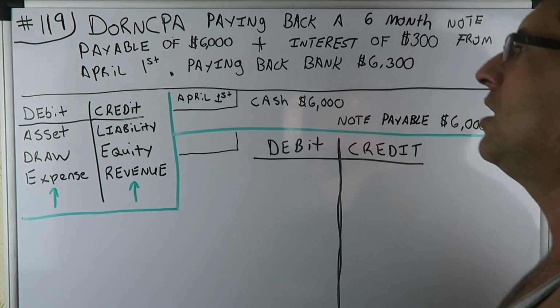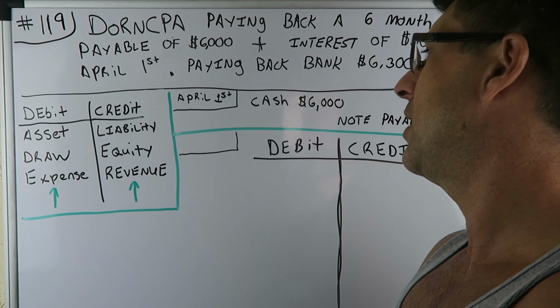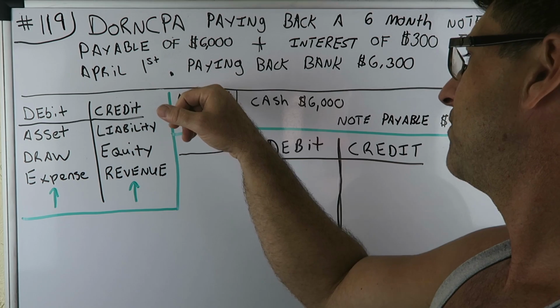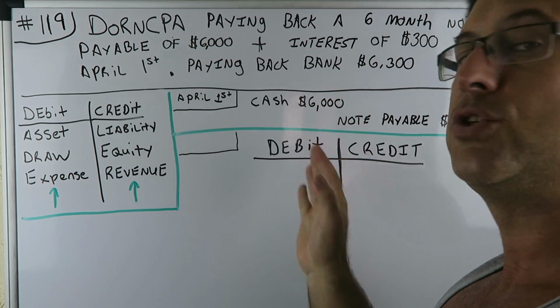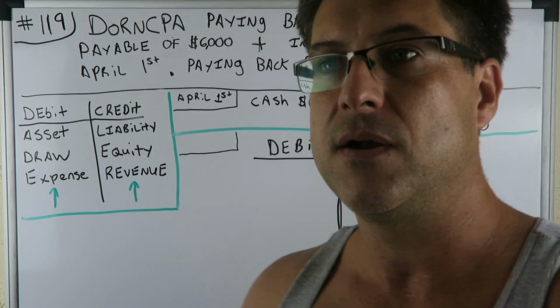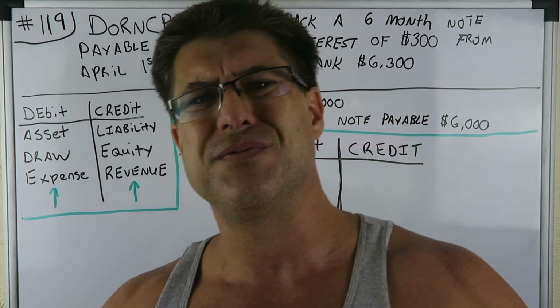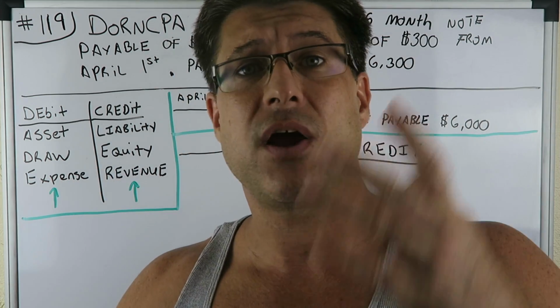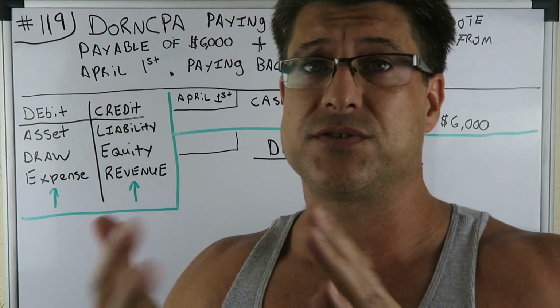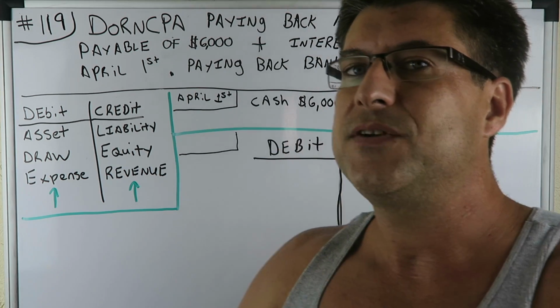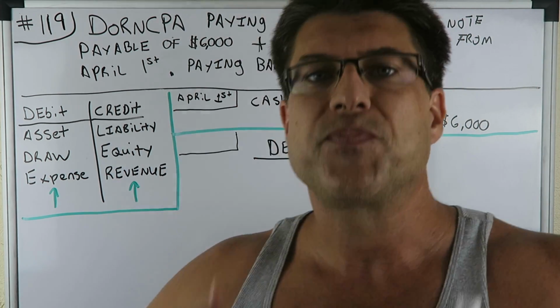Now first thing, we have to figure out what day. This was April 1st, our old journal entry. So the journal entry today, 6 months later. I know it's kind of juvenile, but I always do my fingers for the days because you have to do a full month.